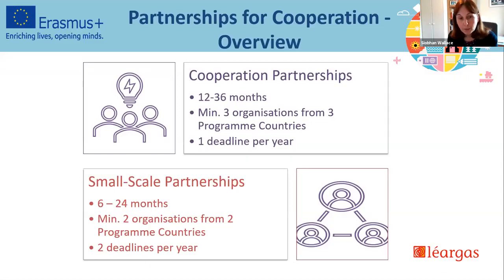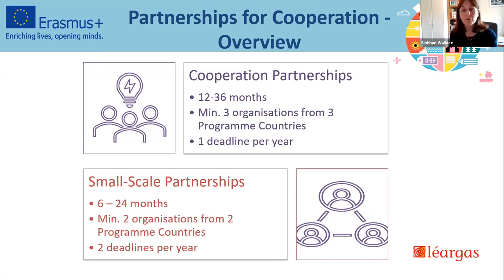The new small scale partnerships, though, that's going to be a smaller activity, it can be shorter. It can range from 6 to 24 months. And the difference there is you only need 2 organizations from 2 program countries to apply. So again, that makes it more accessible.